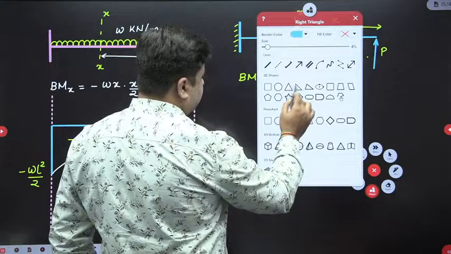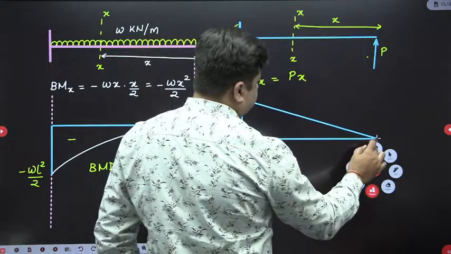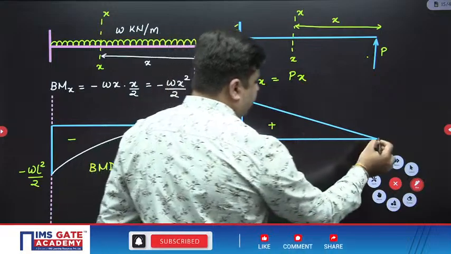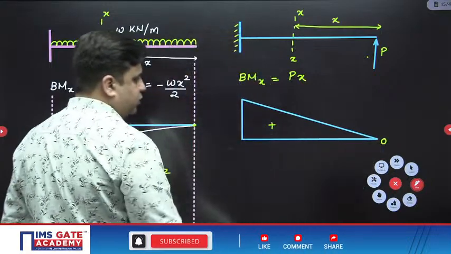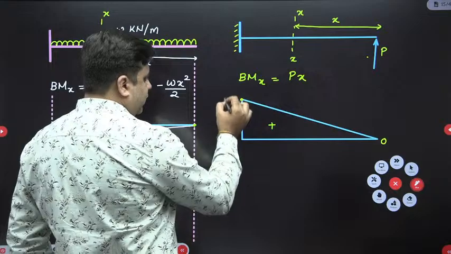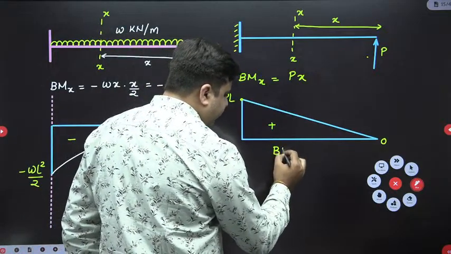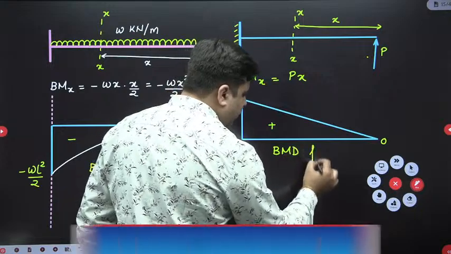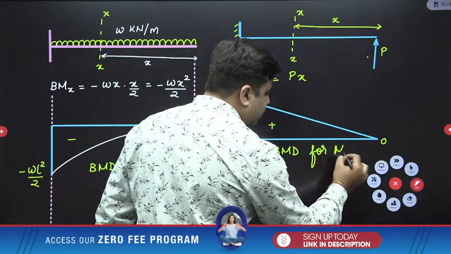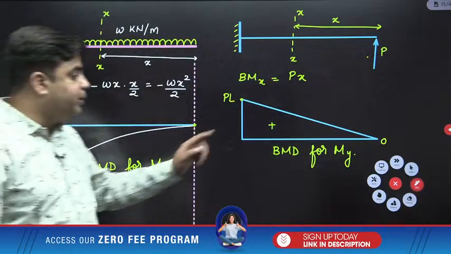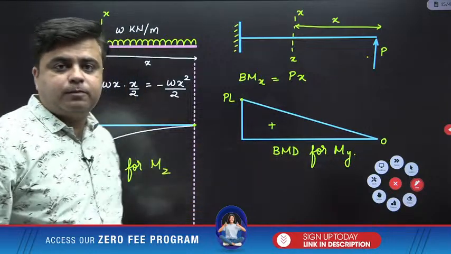So this is your bending moment variation, and this is your BMD for My, which will cause bending in the horizontal plane.